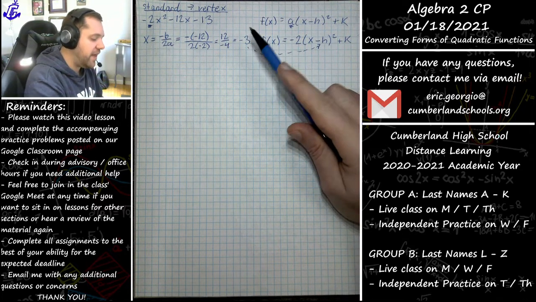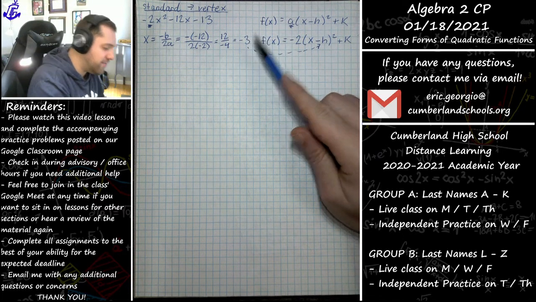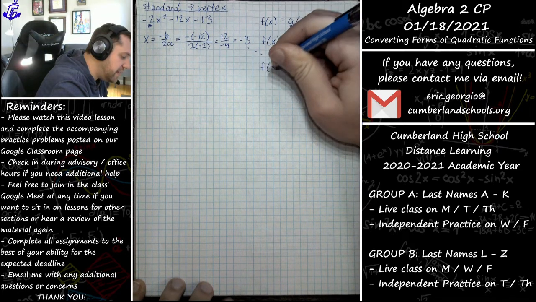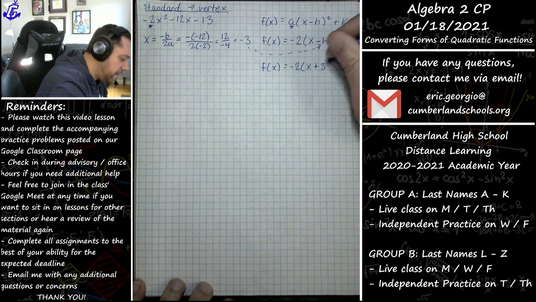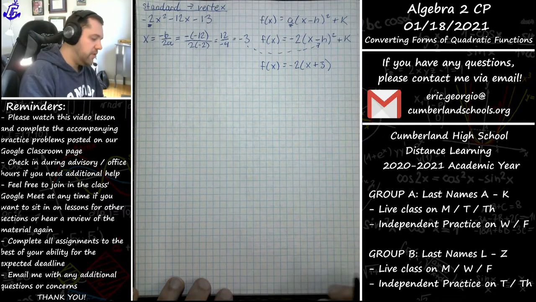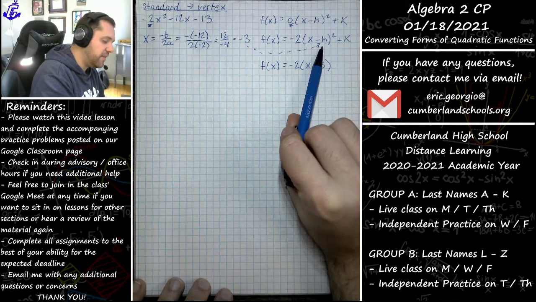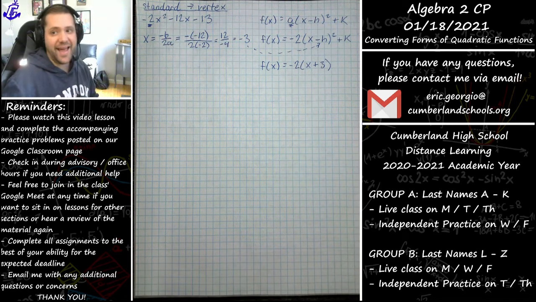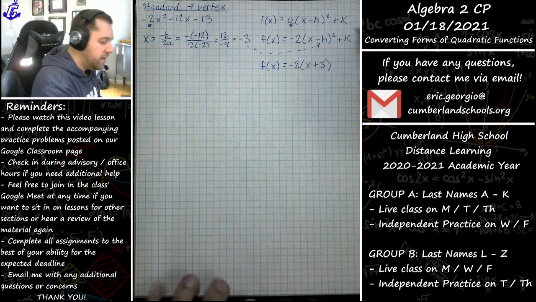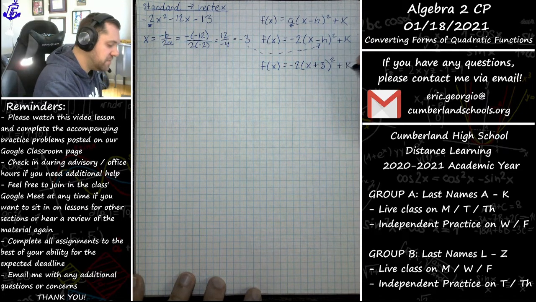In order to make the x-coordinate of the vertex be -3, this would have to be written as x plus 3, because it's always the opposite. You could even see that if you literally took -3 and plugged it in, it's going to say x plus 3, because it would be x minus -3. So far we've now filled in this much.